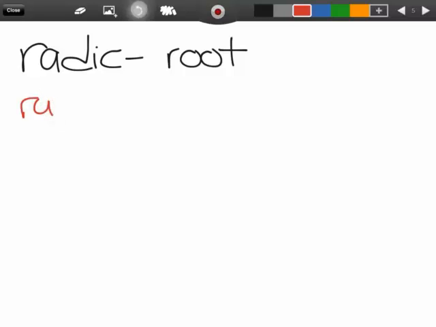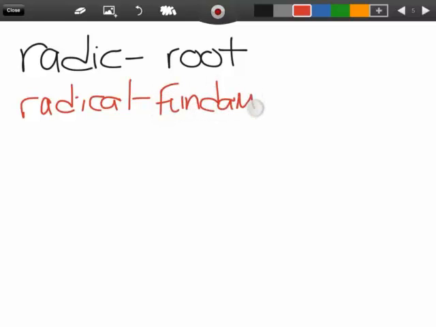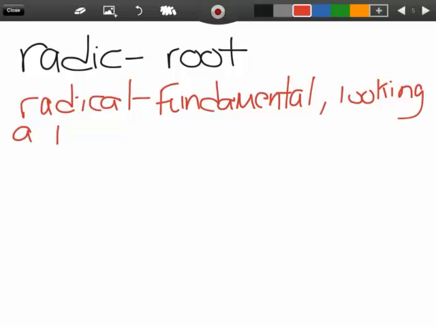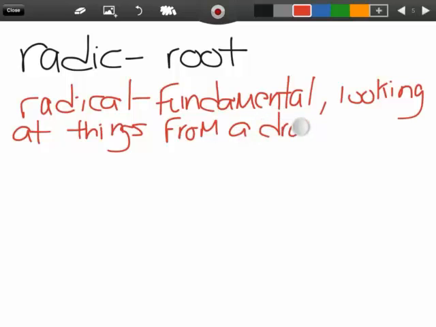Radical. And that means fundamental, looking at things from a realistic point of view.